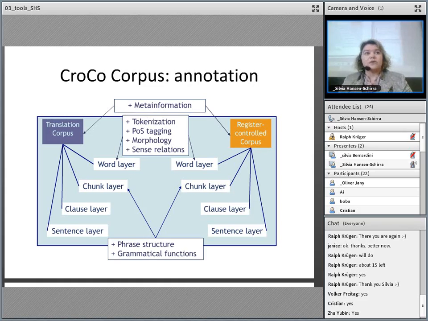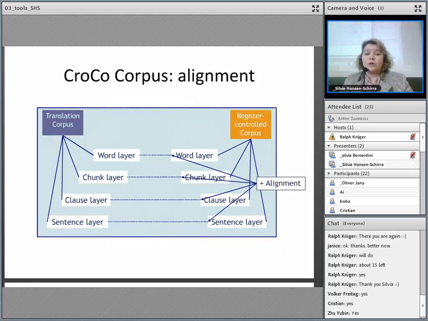So it's a very extensive grammatical annotation which we put into this corpus. Furthermore, we aligned the corpus on several layers. We used alignment on the sentence level, which you can also find in a lot of translation memories, but we also aligned clauses, phrases, and the word level as well.